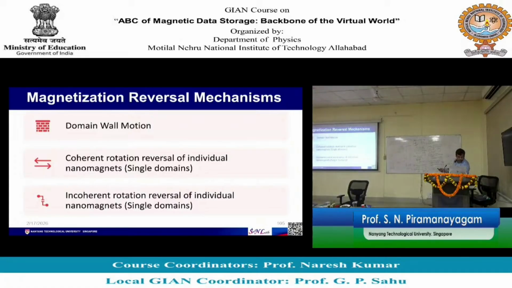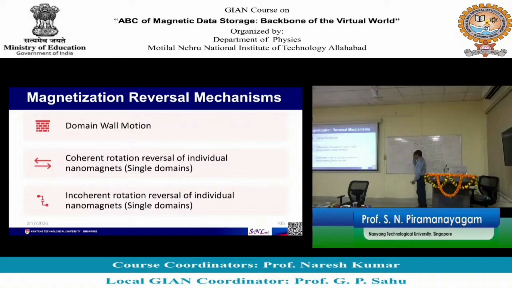Another type of reversal mechanism that I want to discuss today is coherent rotation reversal of magnetization. I told you that if you don't do any special preparation, you will end up with a film with multi domains.